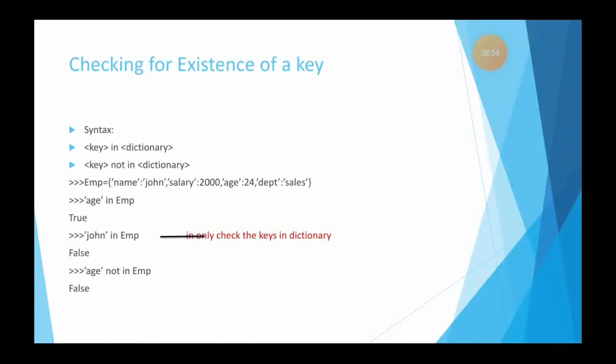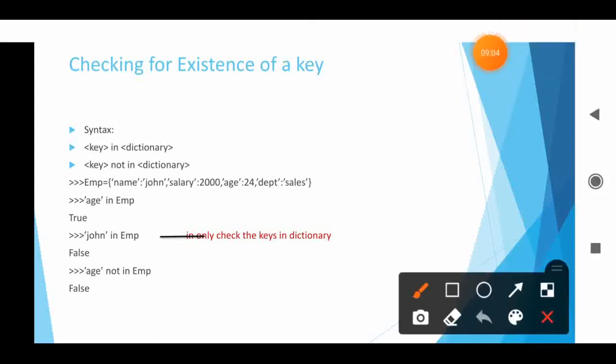Checking for the existence of a key. We can check whether a key is present in a dictionary or not. We can use the membership operators here, in and not in, to check the keys in a dictionary. For example, we have already created the EMP dictionary.